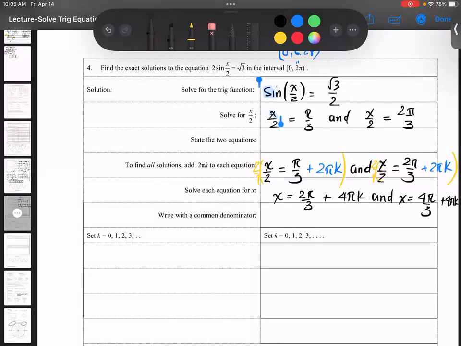Common denominator is 3. So x equals 2 pi plus 12 pi k over 3. And x equals 4 pi plus 12 pi k over 3.